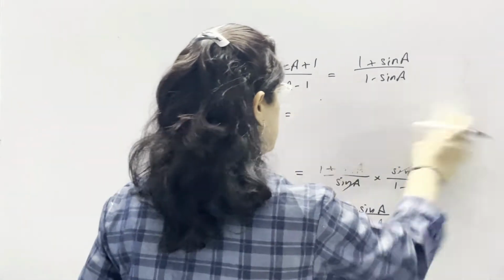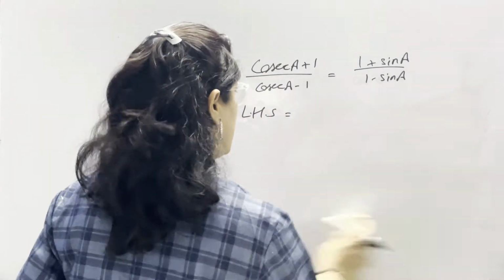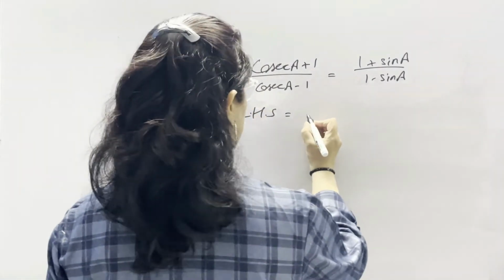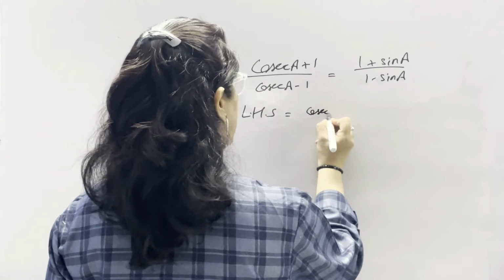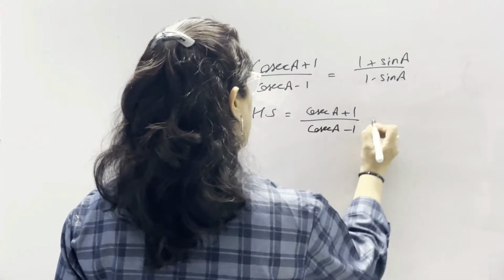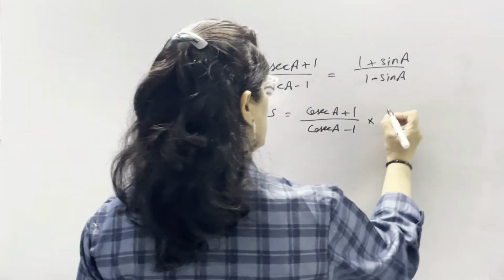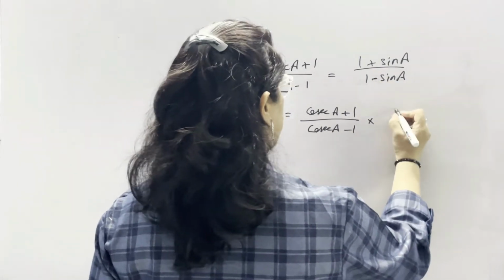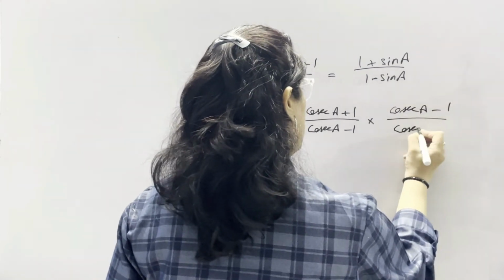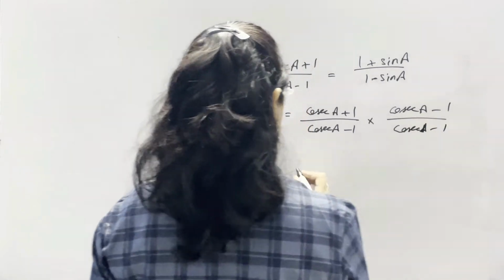LHS remains the same, cosec. Now, suppose I want to solve this question by rationalizing the denominator, or by multiplying and dividing the numerator and denominator with the same number, and because the minus sign is here, I want to multiply and divide with cosec A minus 1.